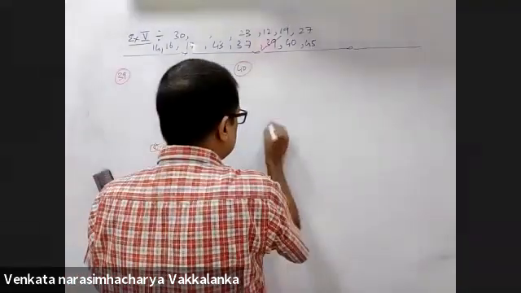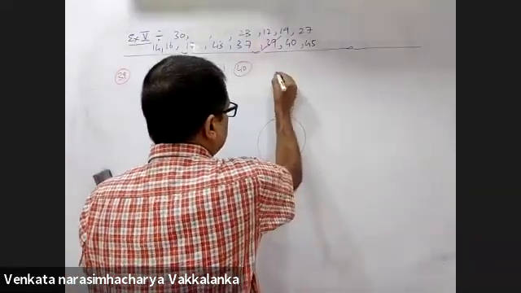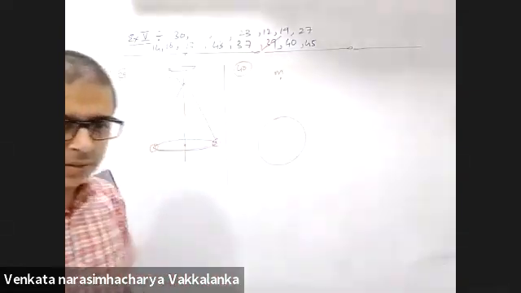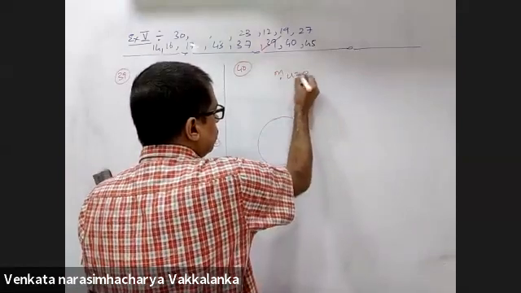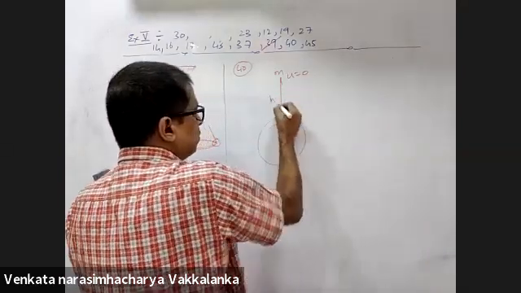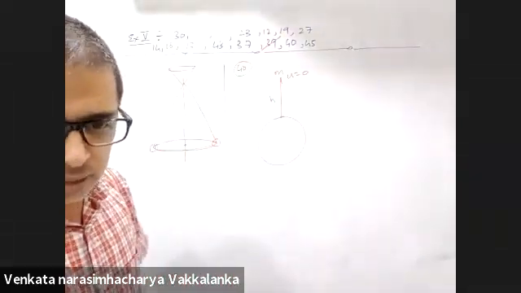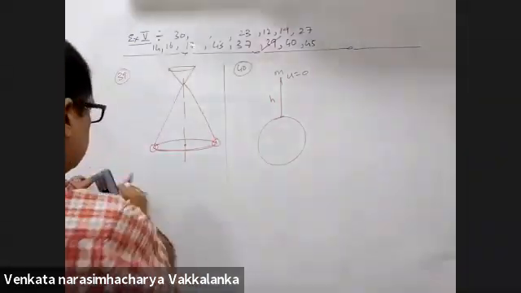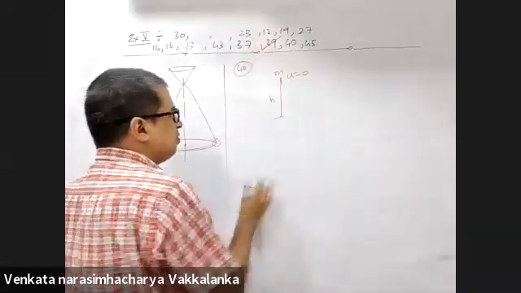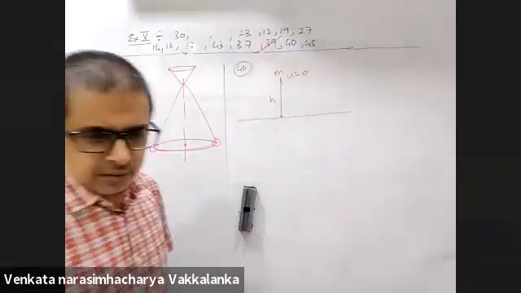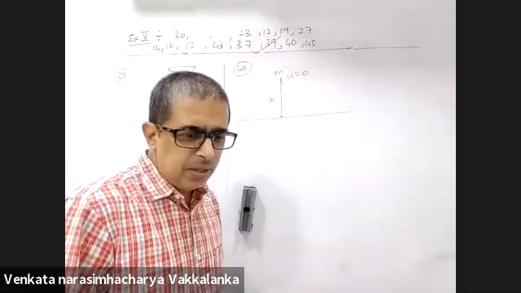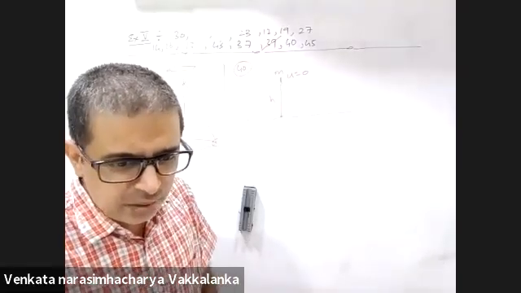A ball of mass m falls down without initial velocity, u is 0, from a height of h over the Earth's surface. Now consider Earth's surface to be flat. He is not telling you h is comparable to R, right? You can consider Earth's surface to be flat.